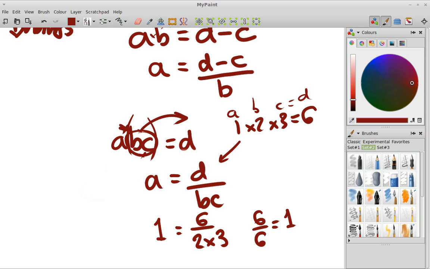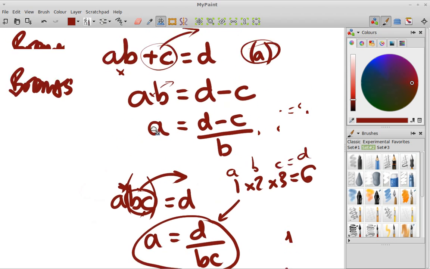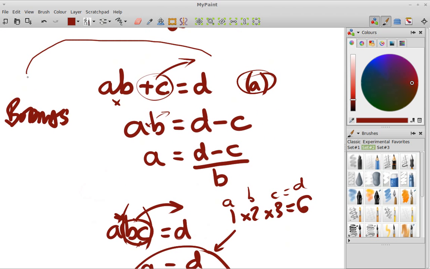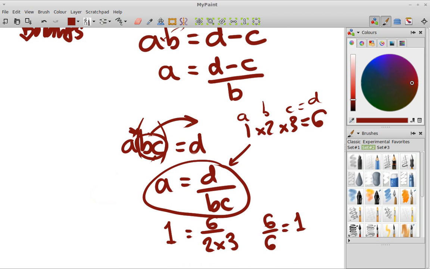So we've just proved that that transposition there is the correct way to rearrange that original sum. Where is it? That one. Sorry, I'm miles away. That one's been rearranged correctly into that, and we've proved it using numbers.